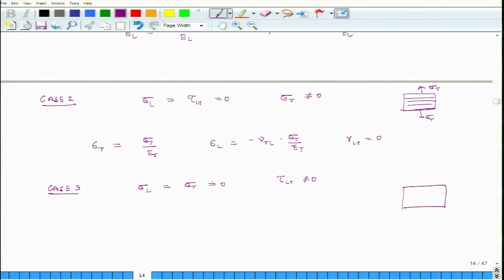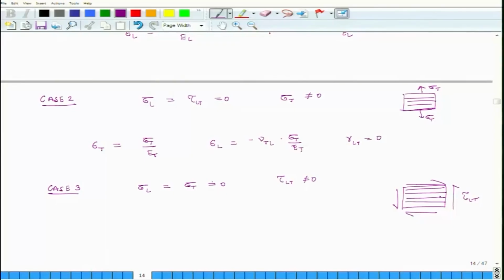So, this is my L axis and I am applying a shear stress. Please note this convention of shear stress is positive. If I applied shear stress in the other direction, then it would be negative shear stress.